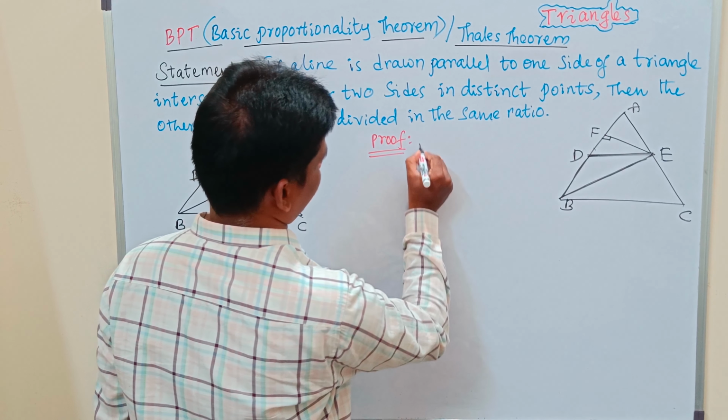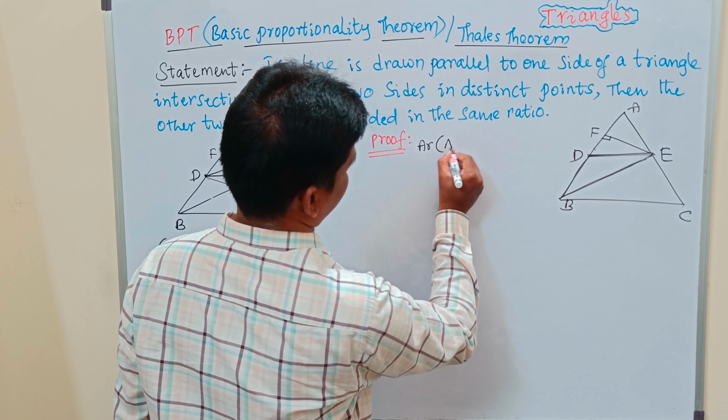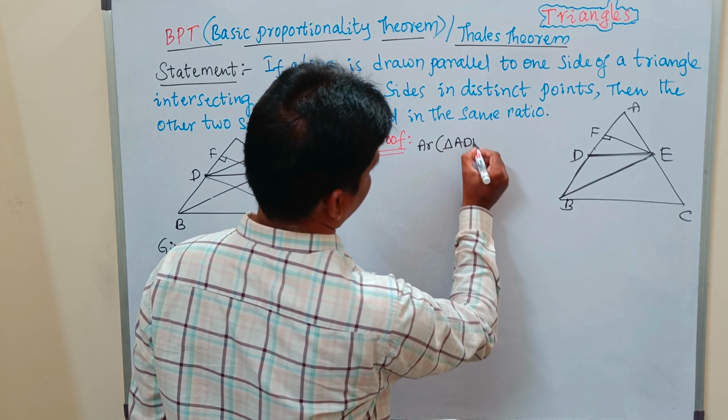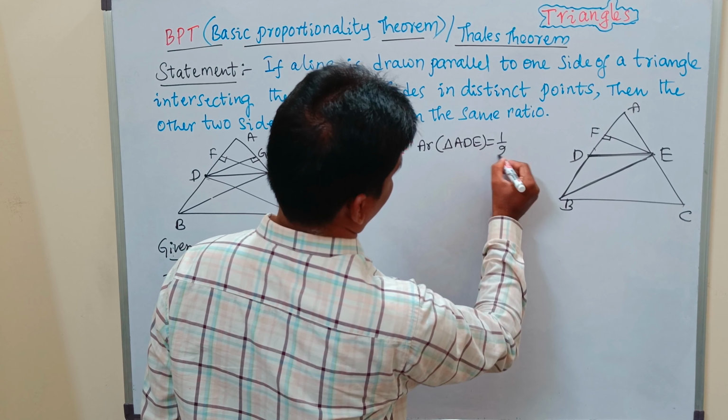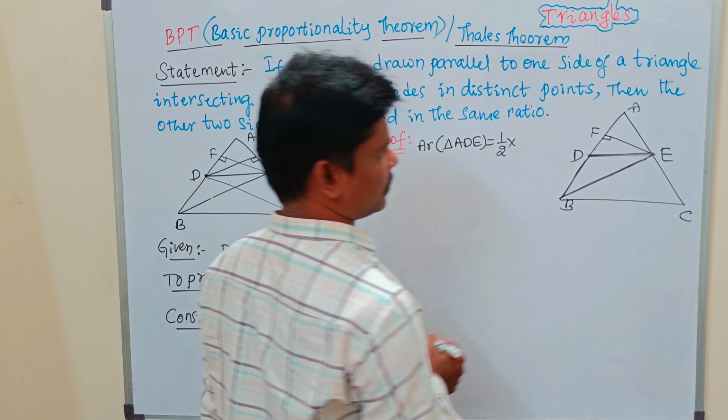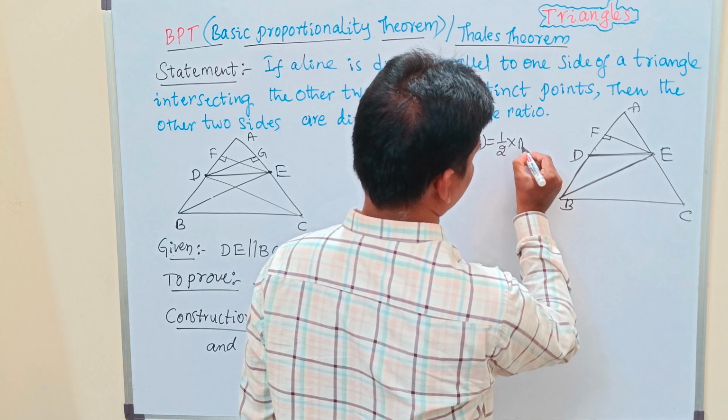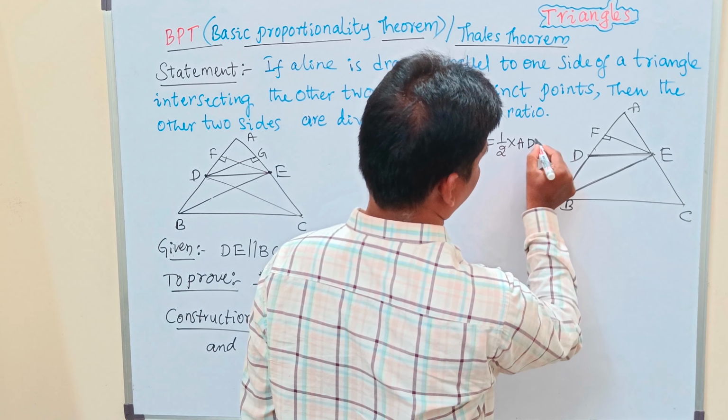Area of triangle ADE is equal to half into the base AD into EF. This is equation 1.